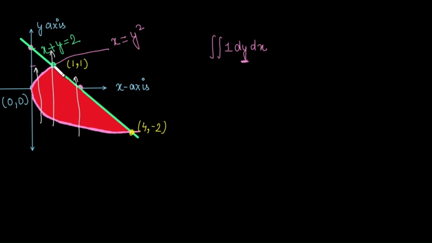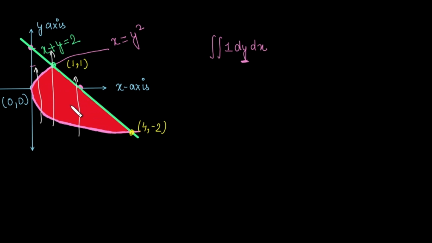From this point to this point, whenever you take an imaginary line, the exit curve is again a parabola. And from this point to this point, the imaginary line exits this region from the straight line. It means we are getting two different upper limits for y.